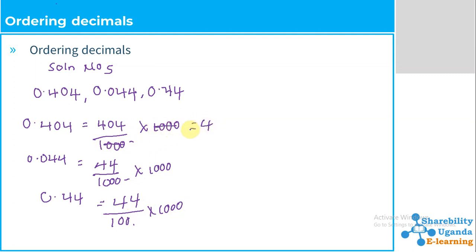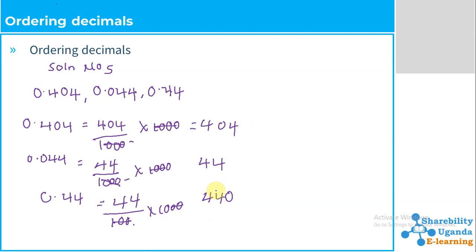We have 404. Also here they are going to cancel. This is going to be 44. Okay, also here cancel 2 zeros, so this is going to be 44 times 10. We shall get our 440. Okay, so that is it.